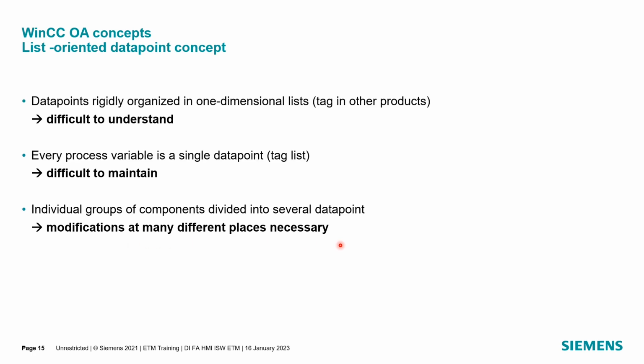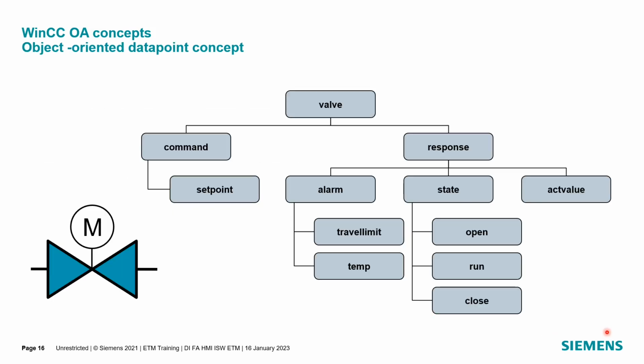That's why we skip the idea of mappings and lists, and we do an architecture like this. Let's assume that here is a motor-driven valve, which is separated into two branches, one command and one response. And here are the data point elements, where we can have type assignments to hold the system states of our device.